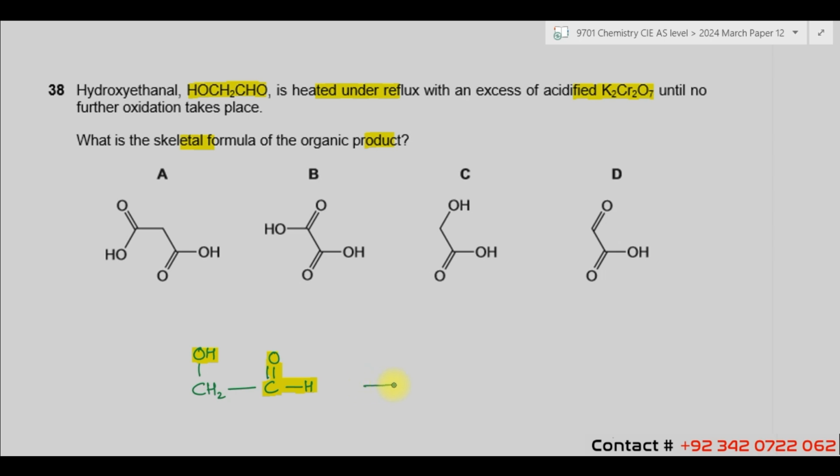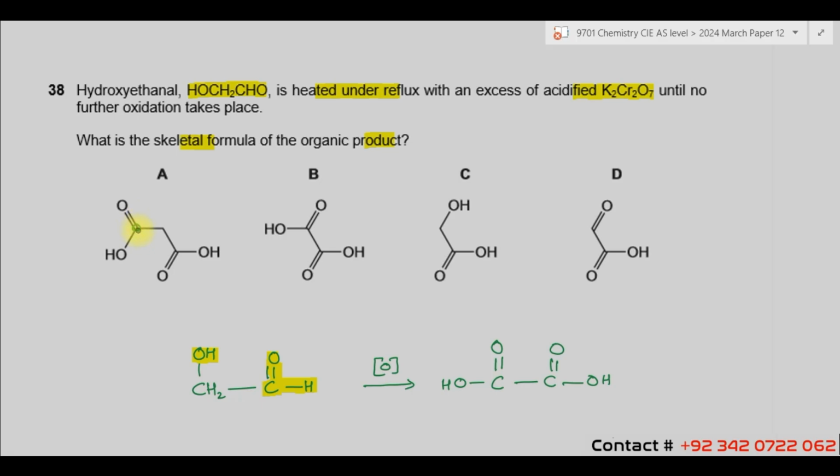When this is oxidized, primary alcohol converts to aldehyde and further into carboxylic acid. Aldehyde also converts into carboxylic acid. So we have carboxylic acid on both carbons. This is because of oxidation. So a 2 carbon carboxylic acid is formed.